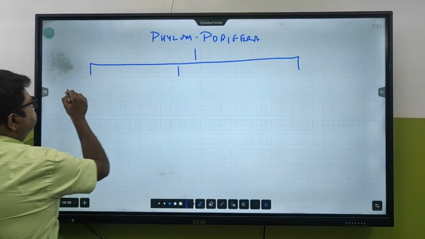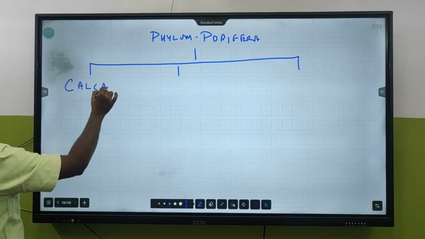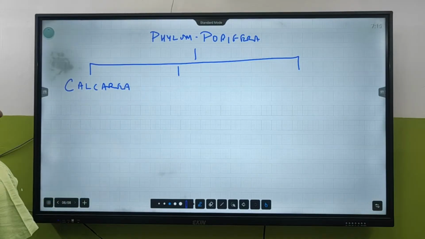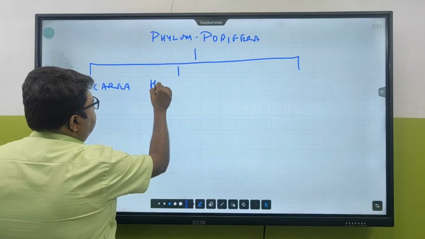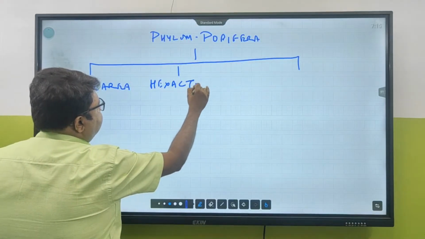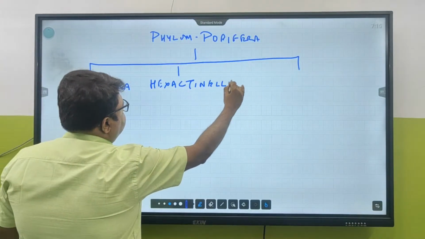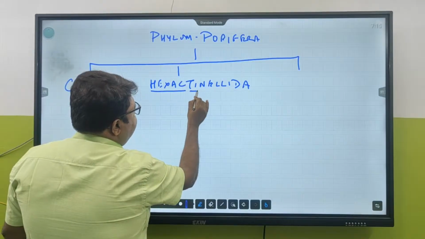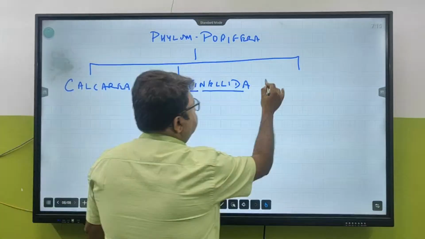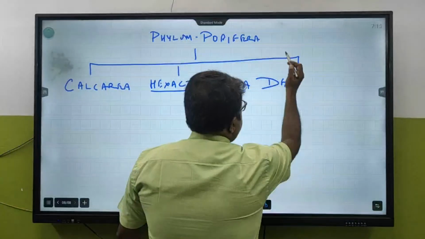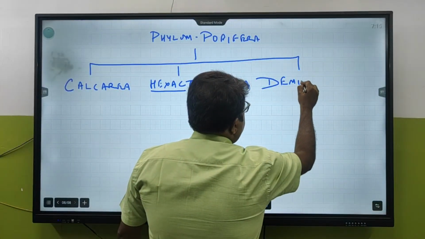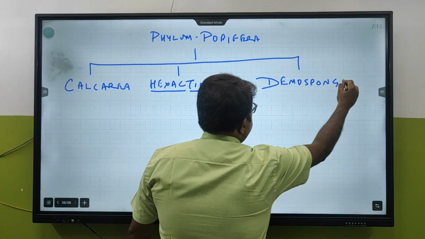The first one is called Calcarea. The second one is called Hexactinellida. And the last one is Demospongia.